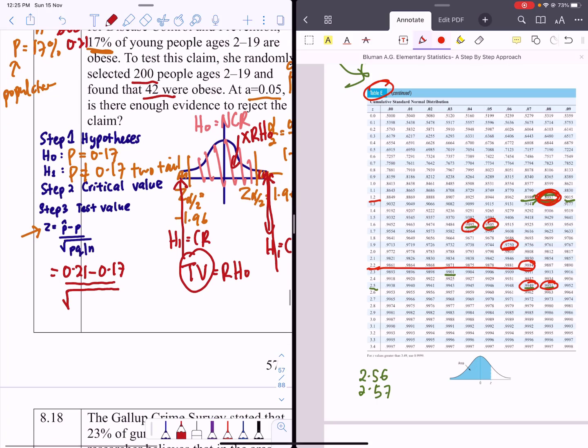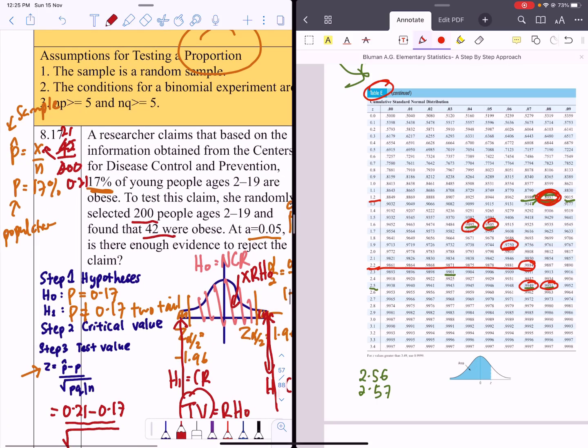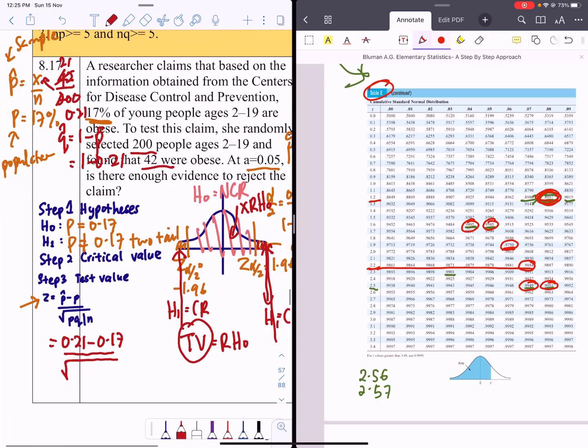okay, PQ. Q, what is Q? How to find the q? Equals to 1 minus p. Sorry, it's not p hat. Bukan p hat ni, p q je kan.